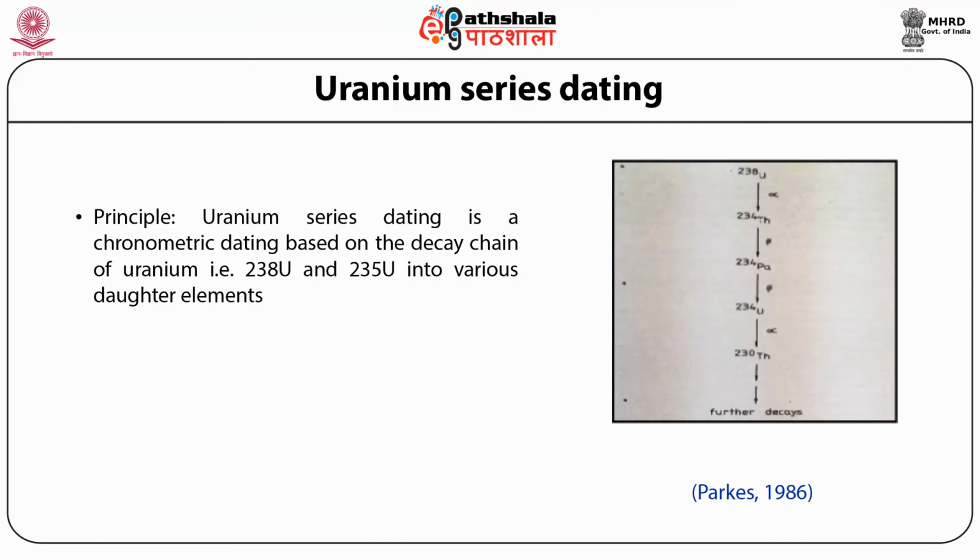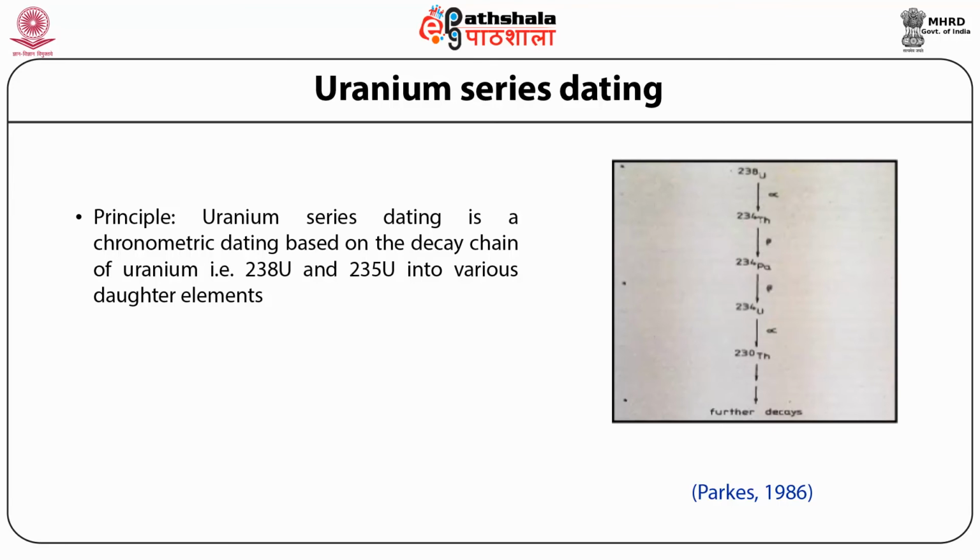Uranium series dating is based on the decay chain of uranium, that is uranium-238 and uranium-235, into various daughter elements, and is widely used for dating fossils.